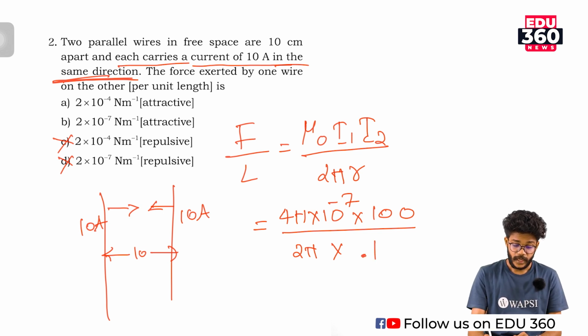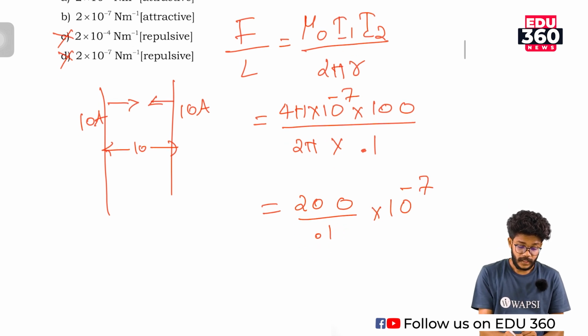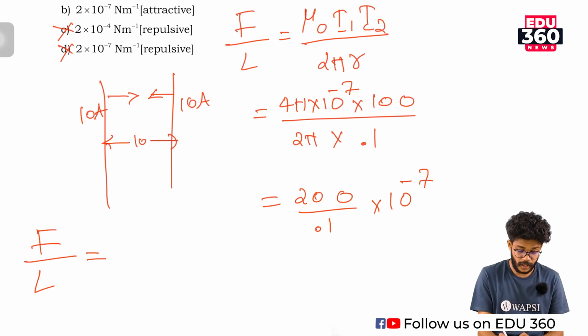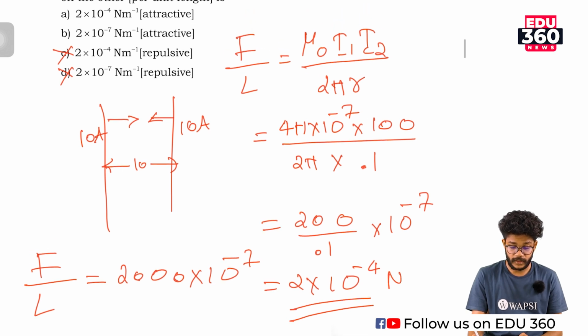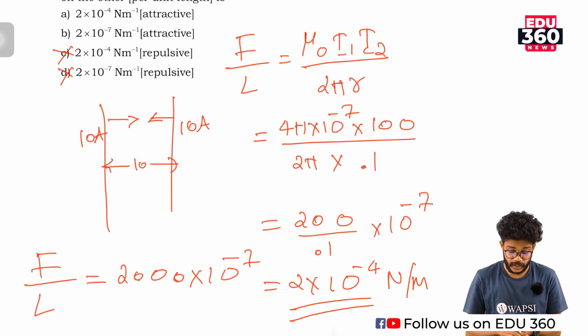So 4 pi by 2 pi is 2, and 2 into 100 is 200. 200 by 0.1 into 10 raised to minus 7. Therefore, the force per unit length is equal to 2000 into 10 raised to minus 7, which is equal to 2 into 10 raised to minus 4 Newton per meter.